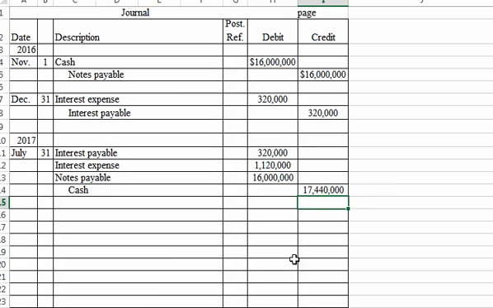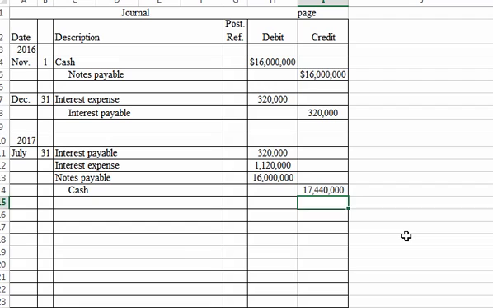Okay, when I totaled that one up, here's the formula if you want to see it. You had your original face amount times 12%, or 0.12, times 9 divided by 12, because the note was for only 9 months. This portion would be the interest for the entire note. Then we're going to add back the principal portion, $16 million, which is I-5 there, or H4, whichever you prefer.